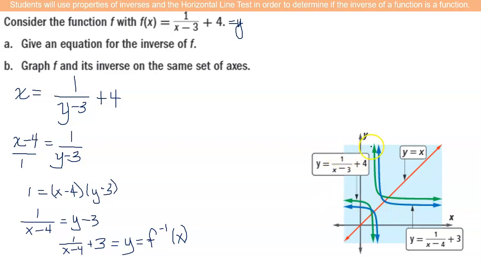And the answer is it does. It just has different asymptotes. So our asymptotes switched also.